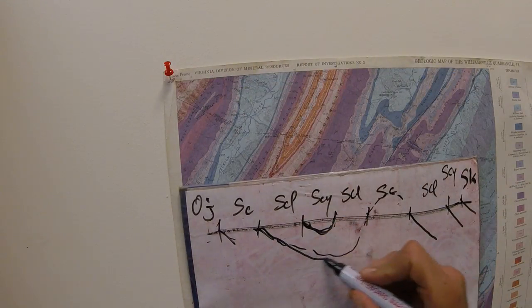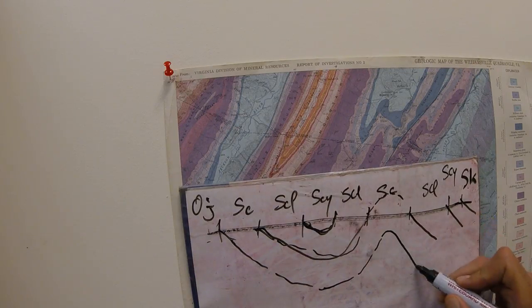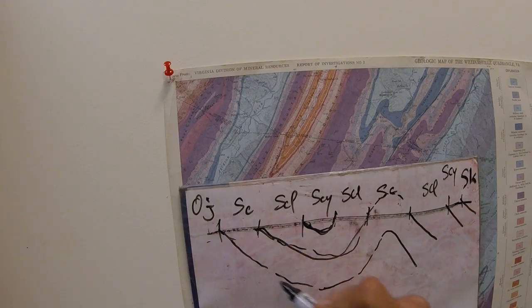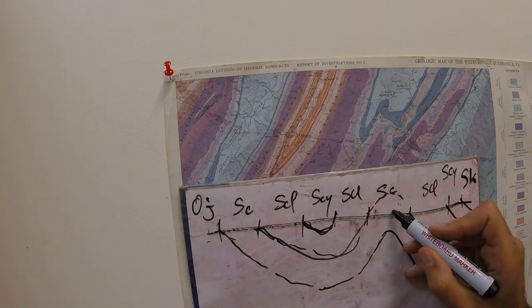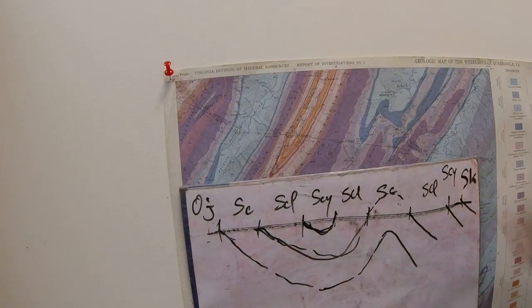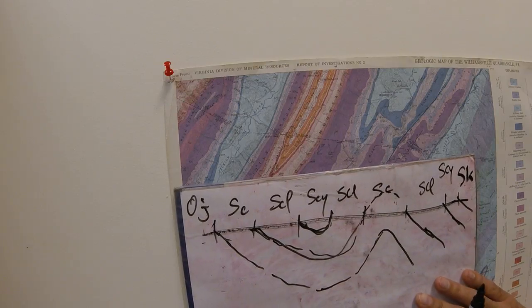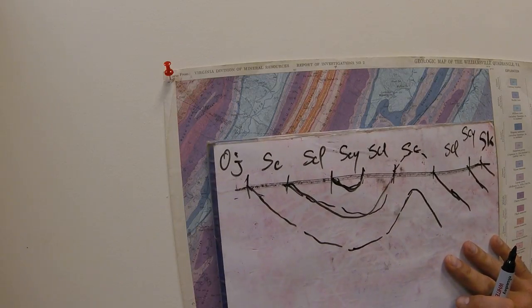So what we have here is basically a syncline, an anticline, and the contact between SC and OG is coming back up, but is not going through the surface, and that's why OG doesn't appear in the middle of the anticline here. So that's roughly what the structure looks like in this area.